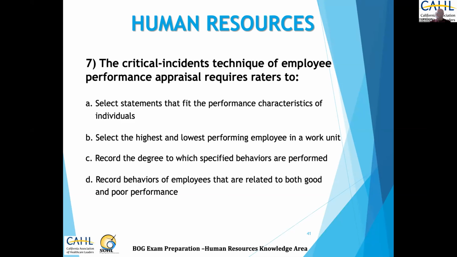Record the degree to which specified behaviors. Are the specified behaviors tied to a critical incident? I'm a disaster person, so I think of critical incident differently, probably. I can't eliminate C. Good and bad performance just sounds like kind of a traditional way of doing it. So I'm between A and C.